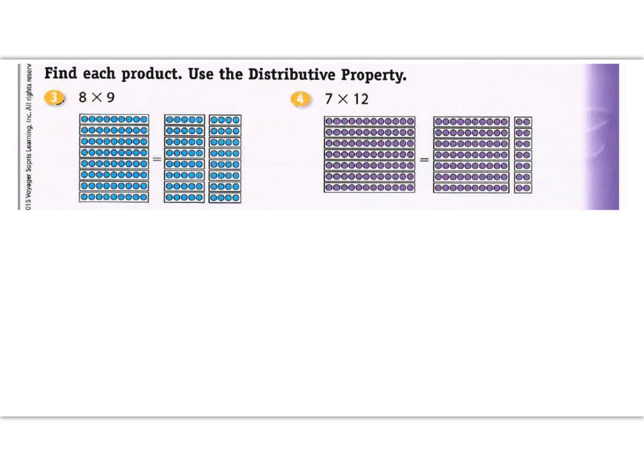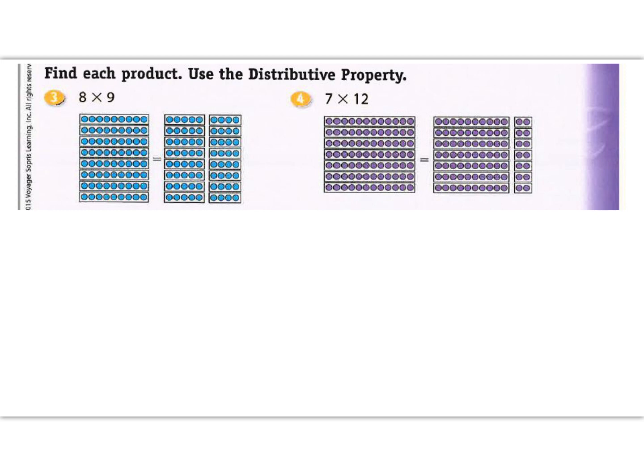All right, this says find each product, use the distributive property. So at first here we have 8 groups of 9. So there's 1, 2, 3, 4, 5, 6, 7, 8, and then there's 9 dots in each one. So that represents 8 times 9. But now instead of 9, they broke it up into 1, 2, 3, 4, 5, and then 1, 2, 3, 4.